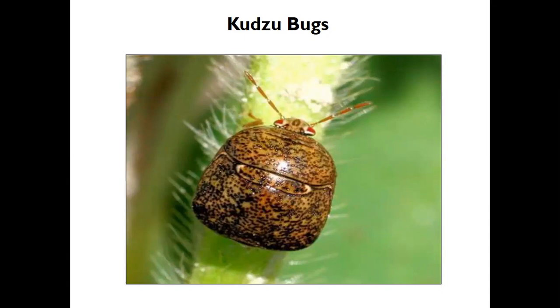It was recognized as something called a bean plataspid bug. It's another name for it, and it had never been seen in the Western Hemisphere until the kudzu bug got into this country.